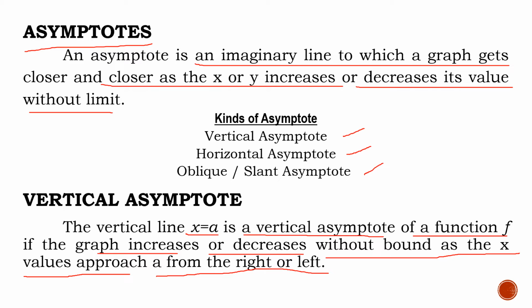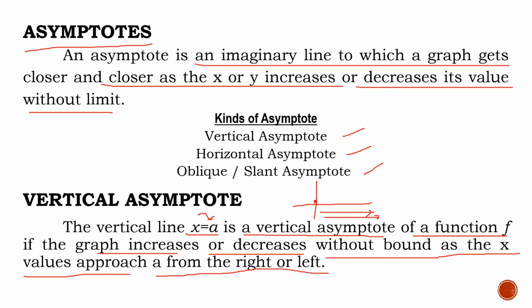Meaning to say, it's a vertical line wherein there is a value of x. So it's a straight vertical line. When your x increases, we all know that if this is your Cartesian plane, your value will start from 0 going to the right side of your x-axis.